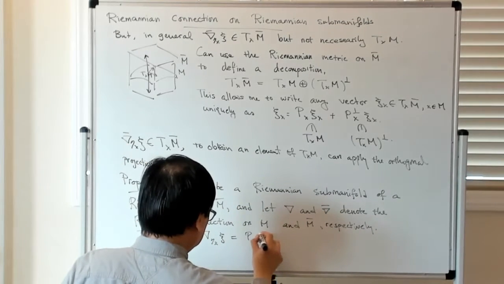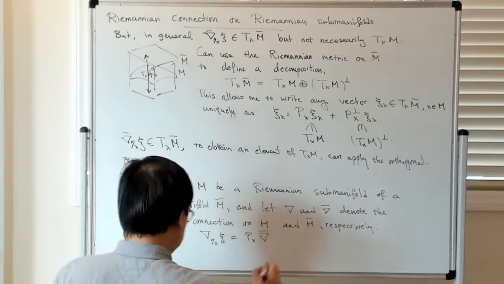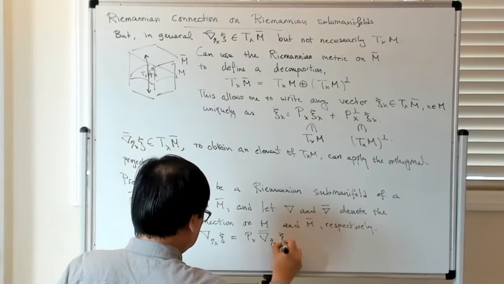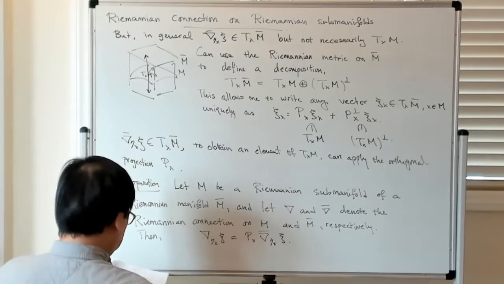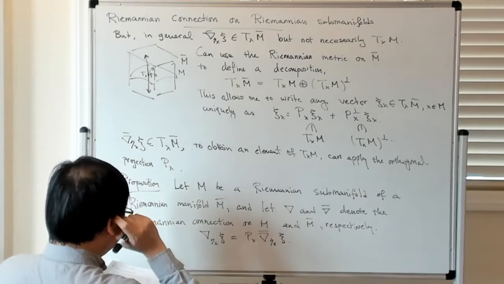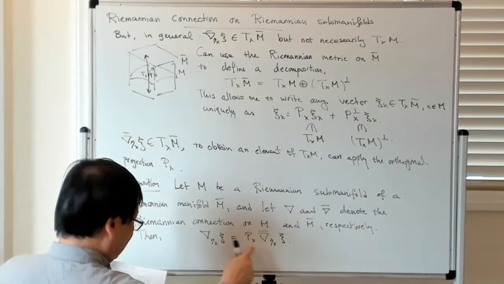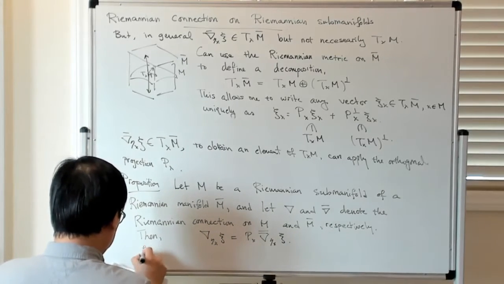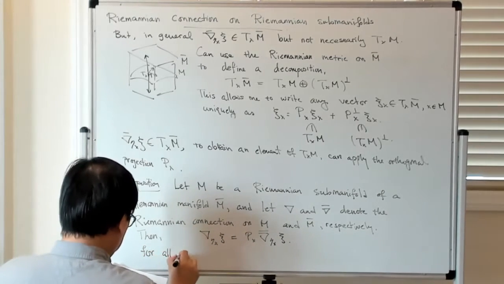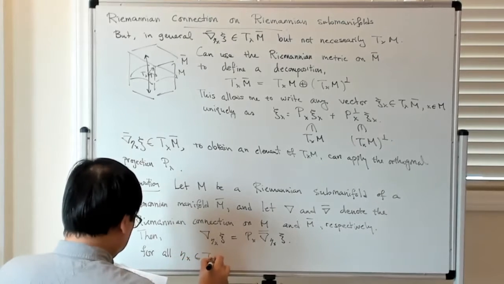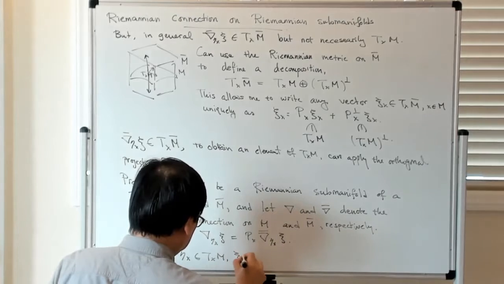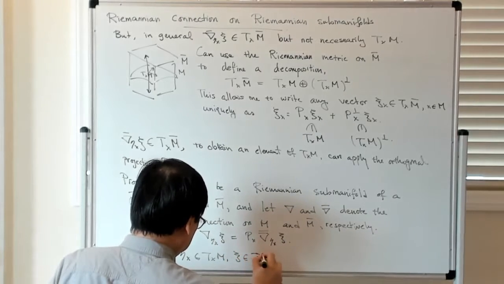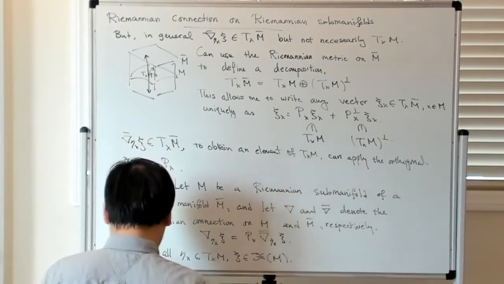All right, so this tells you that the Riemannian connection on M is actually obtained in this way, for all vectors for the first slot and vector fields for the second slot.